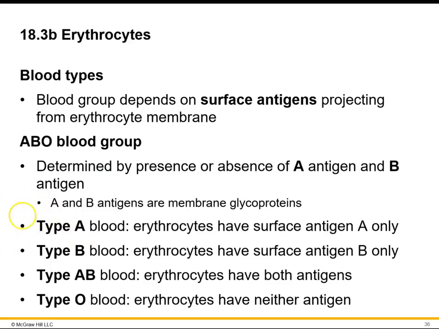So in type A blood, these people are going to have red blood cells that have the surface antigen A only. In type B blood, that's going to involve red blood cells that have only the B antigen. Then there's type AB blood. These people have red blood cells that have both the A and the B antigens. And then if you're like me and you're type O blood, your red blood cells have neither the A or the B antigens.